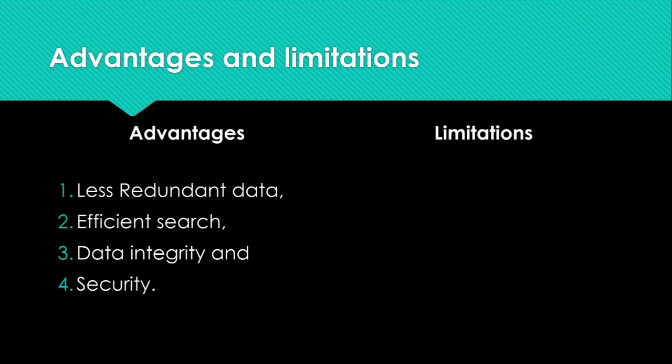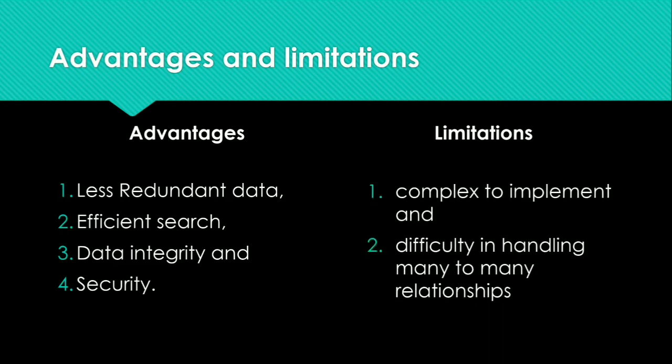All these features are provided and these are the advantages. Redundant data means excess unnecessary data is very little here, and since we are maintaining a unique table, the searching process will be easier. And the limitation: it is very difficult to implement and difficult to handle so many relationships, that is many to many relationships. That's all about the hierarchical database model.